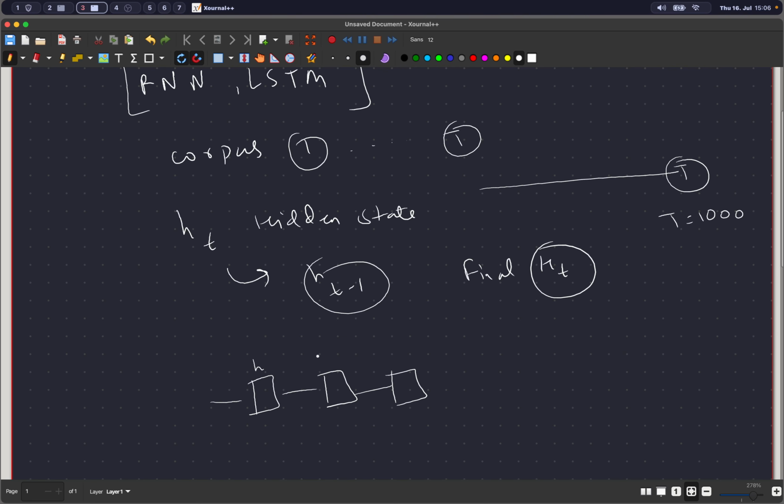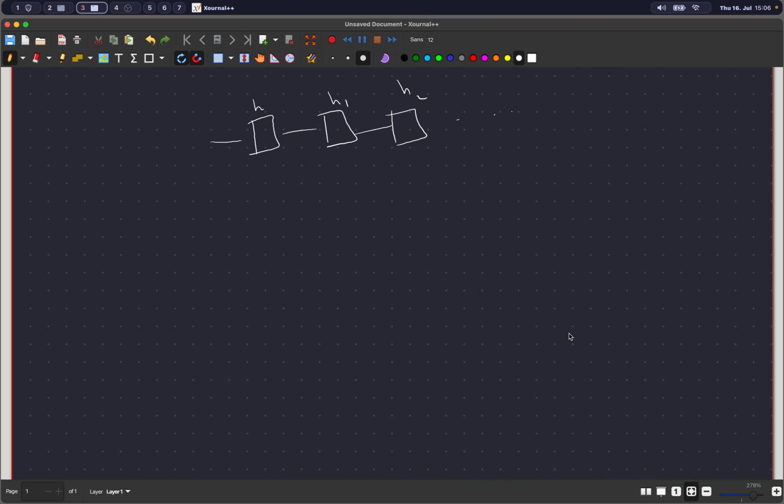So these are all the hidden states and so on. Once you reach the final hidden state, it is supposed to contain the entire meaning of the sentence in a single hidden state vector. But the problem is this presents us with an issue of information bottleneck. The term is simple, very self-explanatory, but it's called information bottleneck.